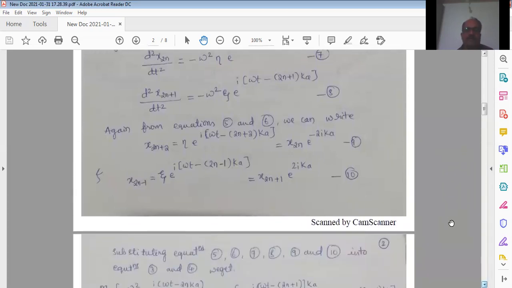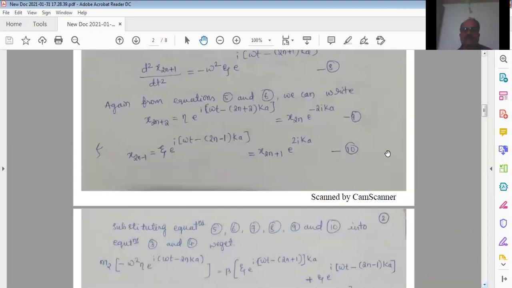Again, from equations 5 and 6, we can write x2n plus 2 is equal to eta into e to the power i omega t minus 2n plus 2 into ka. How is it written? Just n is replaced with n plus 1. In this equation two terms are there, so one term is separated, which is completely x2n.